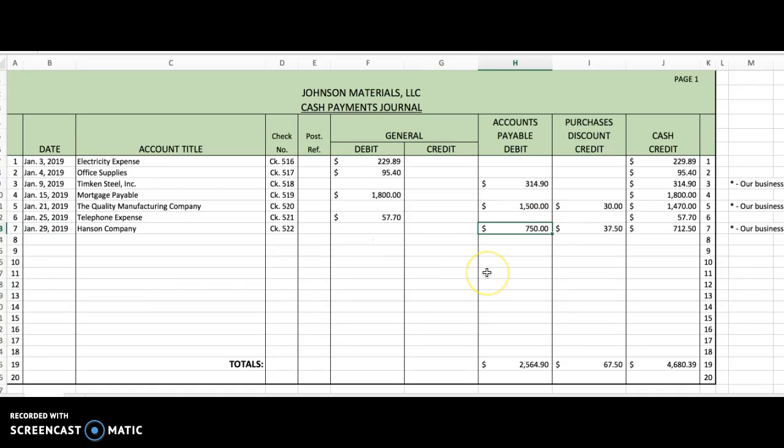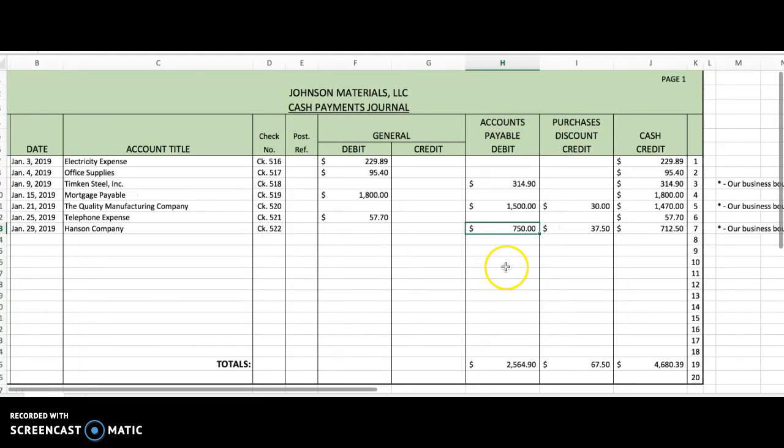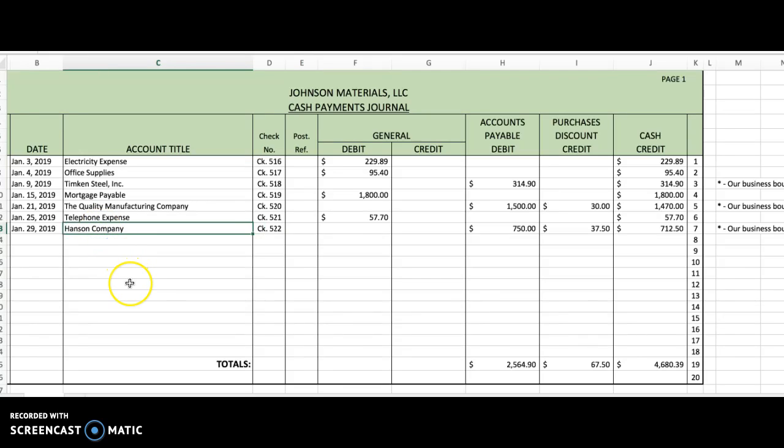So we debit the $750 to clear up the amount that we owe them, and that would also be debited to their account, and we would put something in the posted reference column to indicate that we debit the Hansen Company account, which lowers it from $750 down to $0. But we also have it in this column because it will be debited also to our accounts payable account.